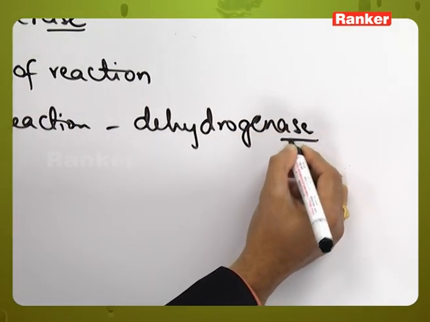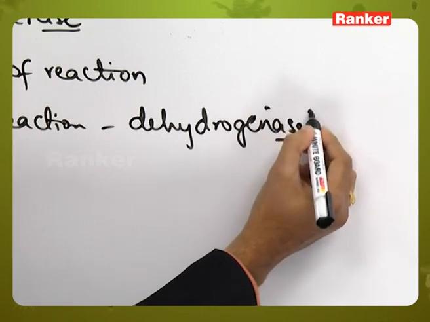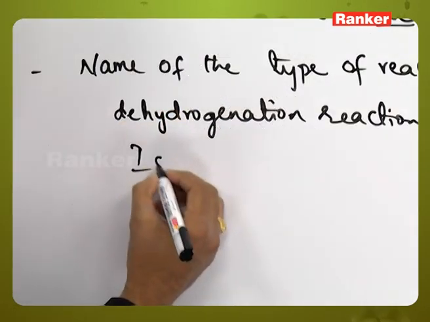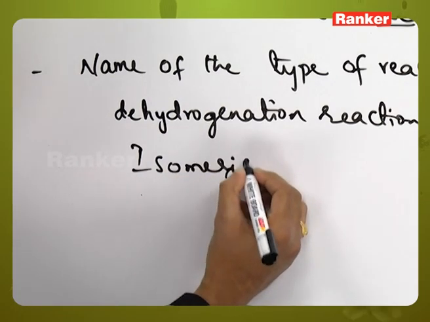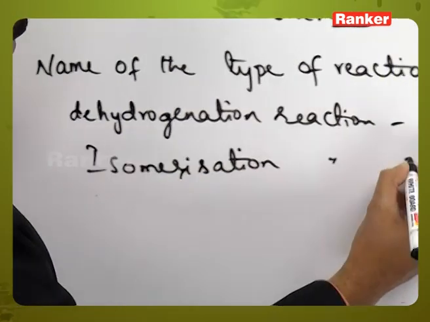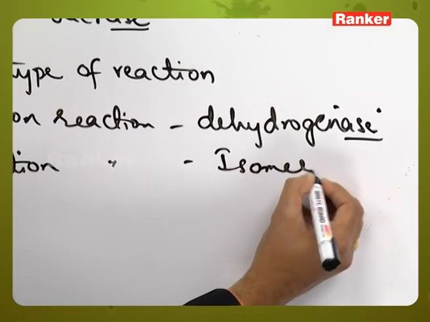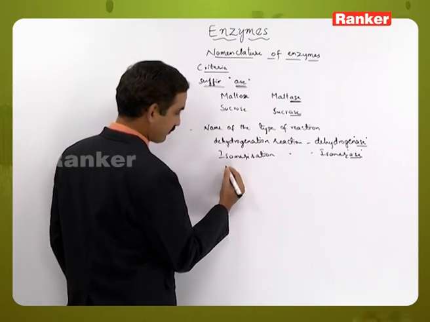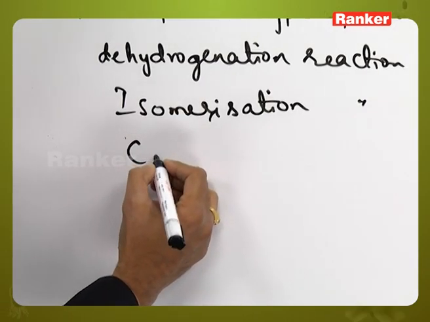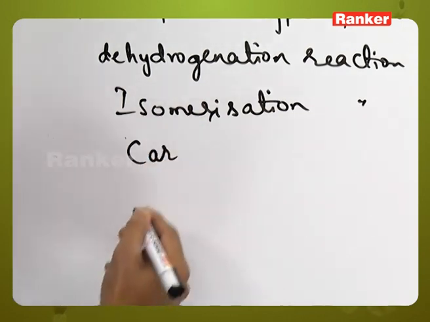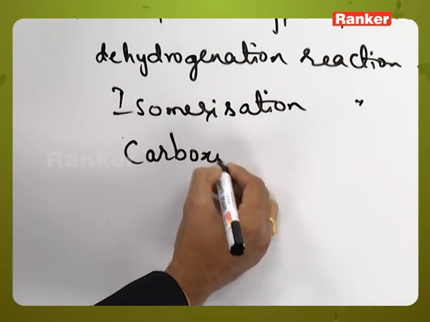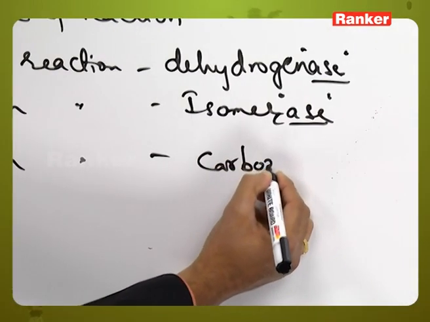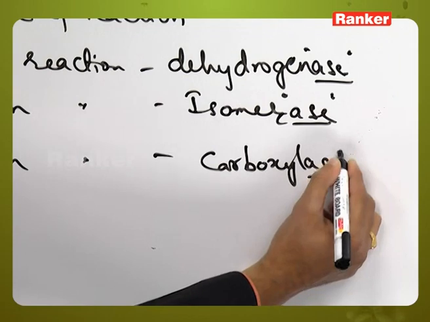Here also the suffix "ase" is used at the end. If it is participating in an isomerization reaction, then the enzyme is called an isomerase. Here also it is ending with "ase". In the same way, if the enzyme is participating in a carboxylation reaction, the enzyme is carboxylase. Here also it is ending with "ase".